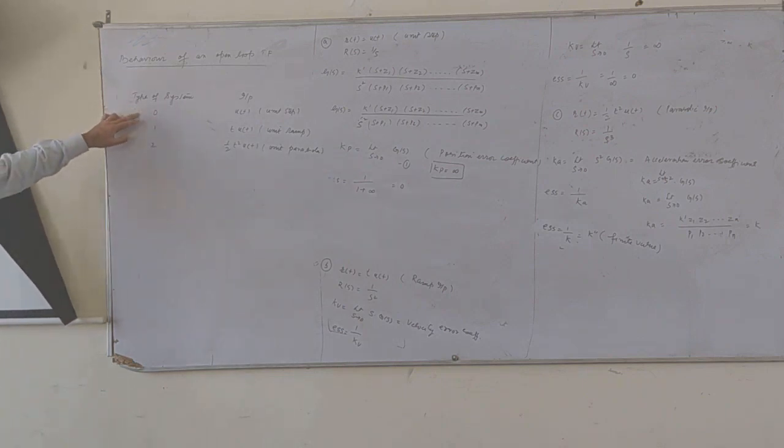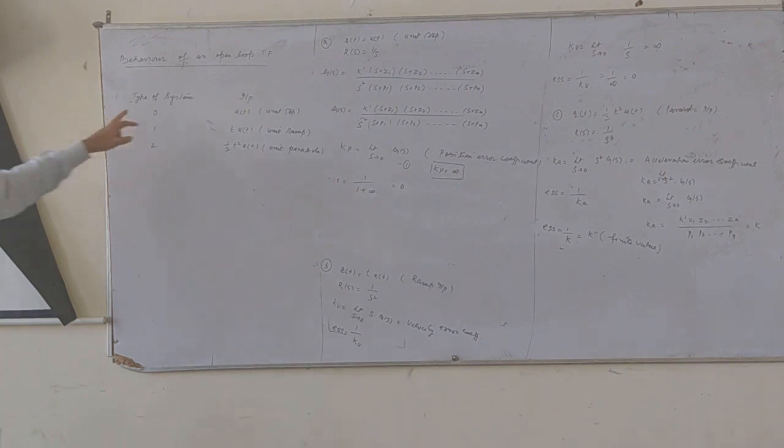Now, if the order of the system and the order of the input are the same, then the steady state error is finite. This is the order, this is the input. Let me conclude.